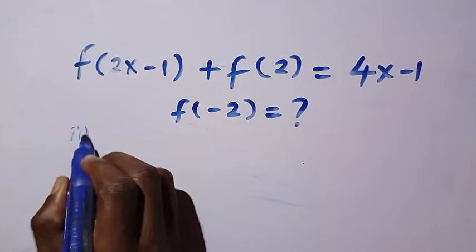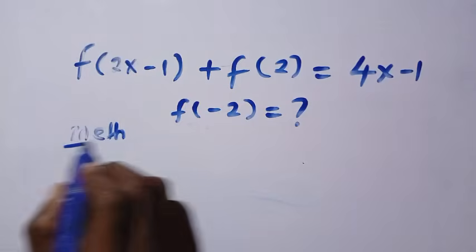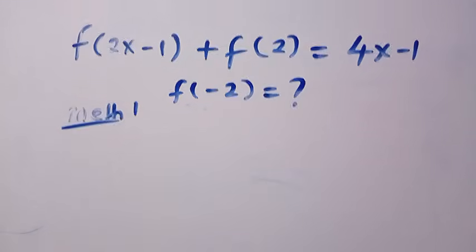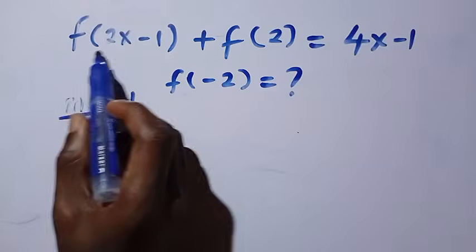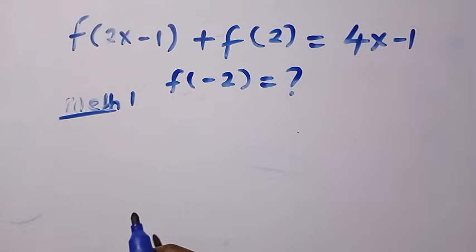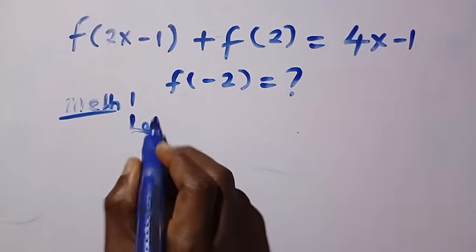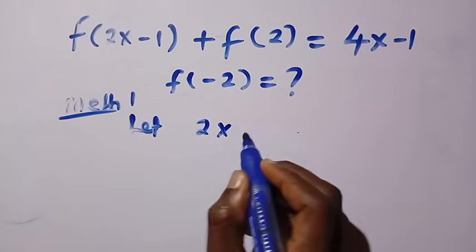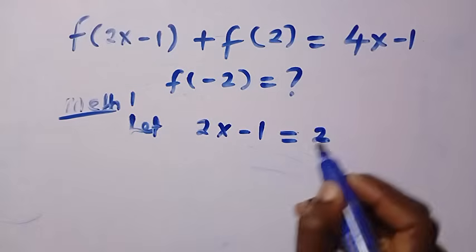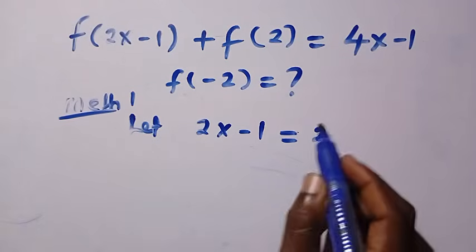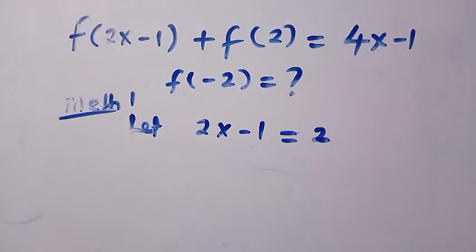For the first method, for method 1, we have this domain of the first one as 2x minus 1, and suppose I let 2x minus 1 equals 2. So I let it be a constant number.